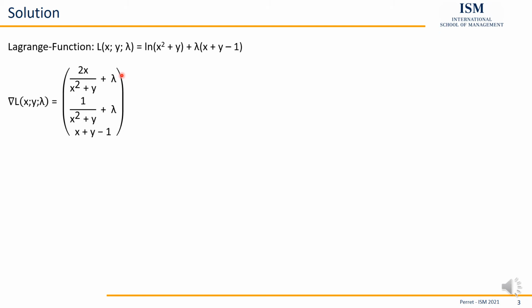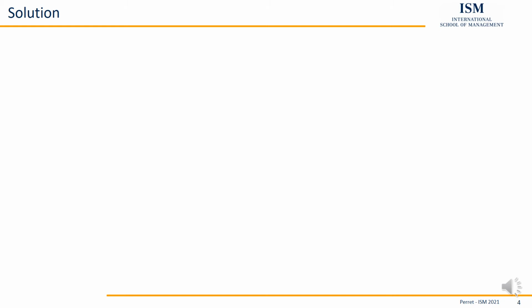Okay, so we have the derivatives of the Lagrange function. What we do next is set them equal to 0. Then we have this system of equations, 3 equations with 3 variables, so we solve it for those 3 variables. To actually do this, I just copy those 3 equations here to have a bit more space.